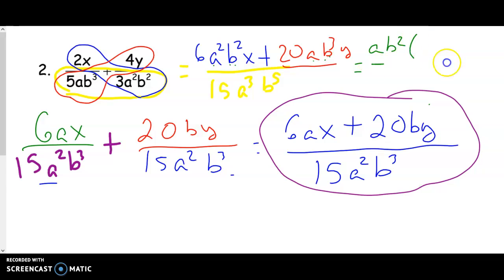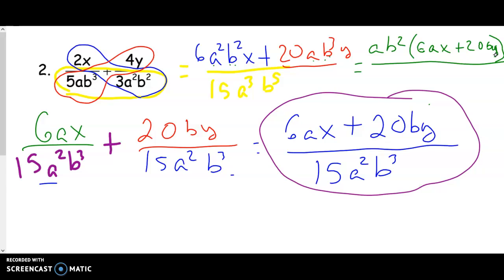So what will remain is 6ax, 20, we're pulling an a out, so that's gone, by, okay. Running out of space.